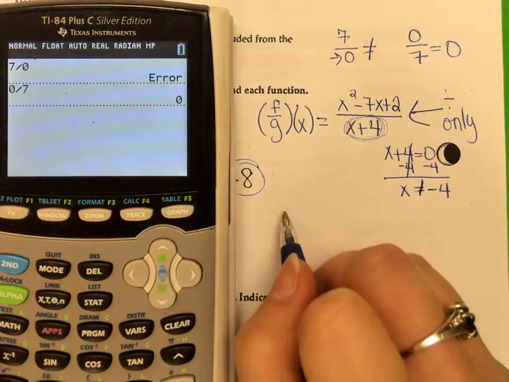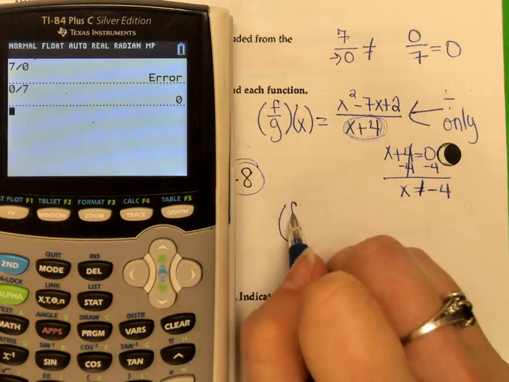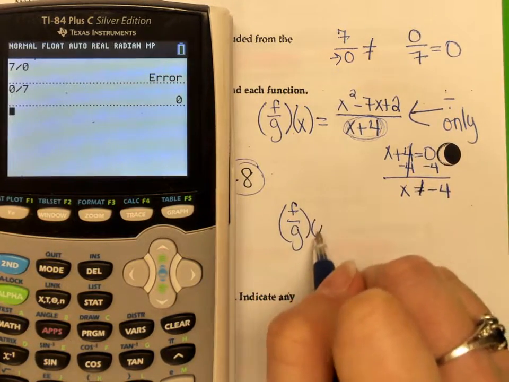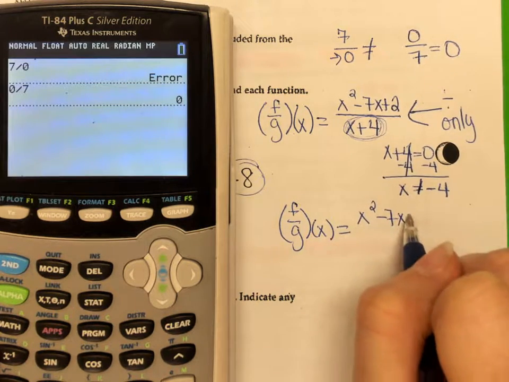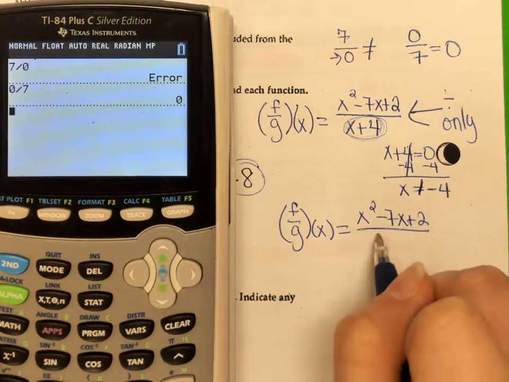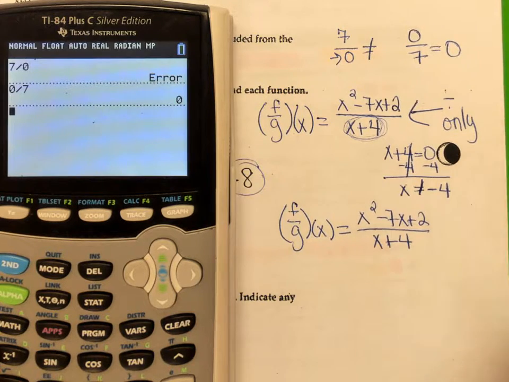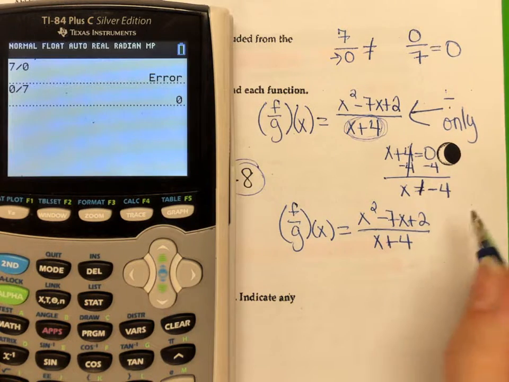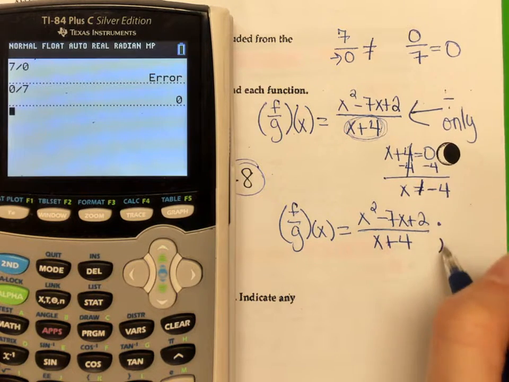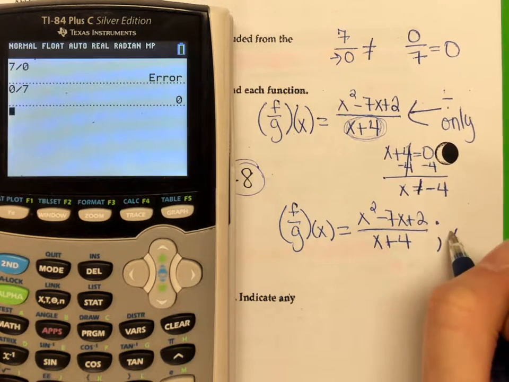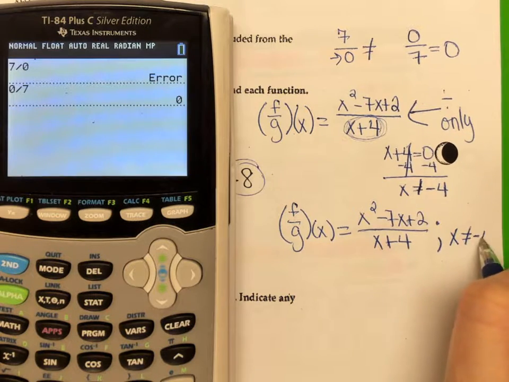So here's how we write this. You ready? Take our function, x squared minus 7x plus 2 over x plus 4. And then you put a comma or you put a semicolon or something. It doesn't really matter what you do. You say x cannot equal negative 4.